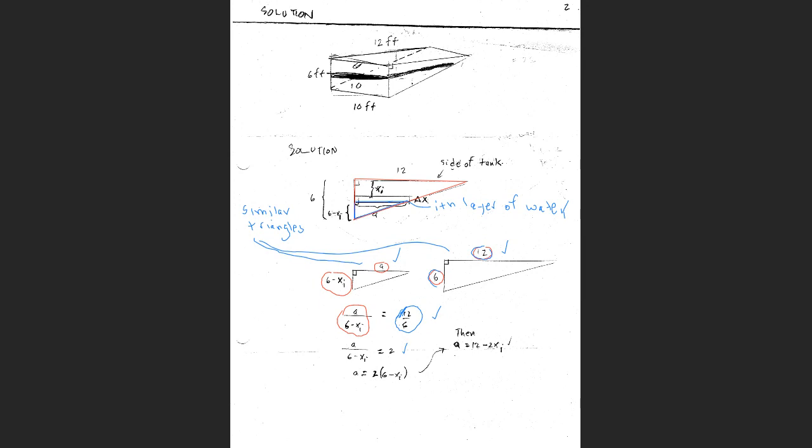And so that means then that A would equal 2 times 6 minus x sub i, or A equals 12 minus 2x sub i. And now we have an expression for the length A of the ith layer of water, where that layer of water is x sub i feet below, down from the top of the tank.